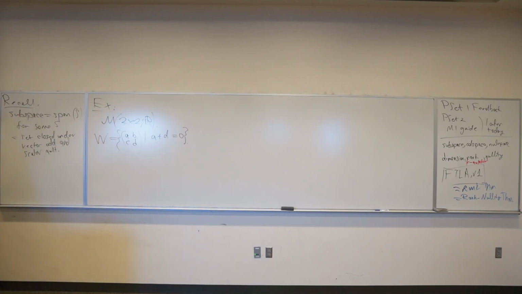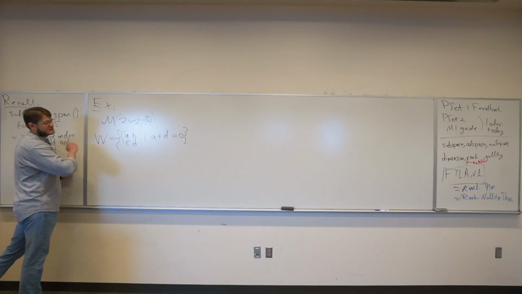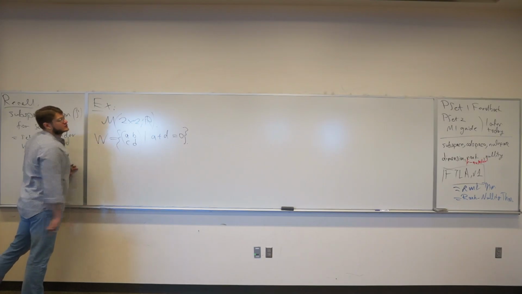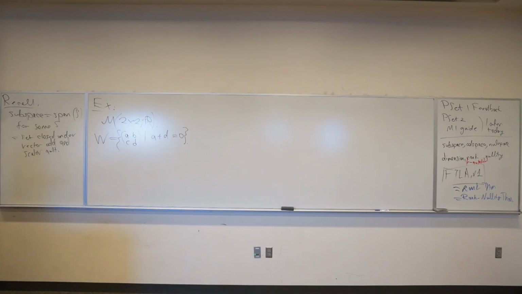Okay. So this is what is called the space of traceless 2 by 2 matrices, because this is what is called the trace. Turns out to be very important.